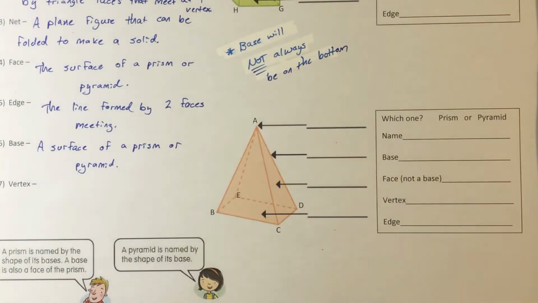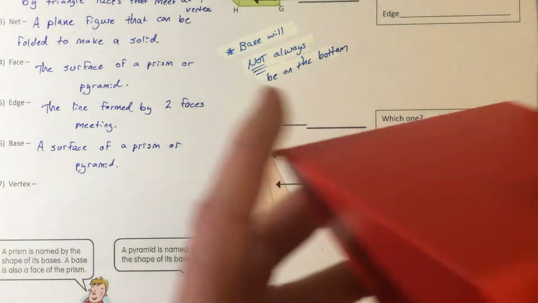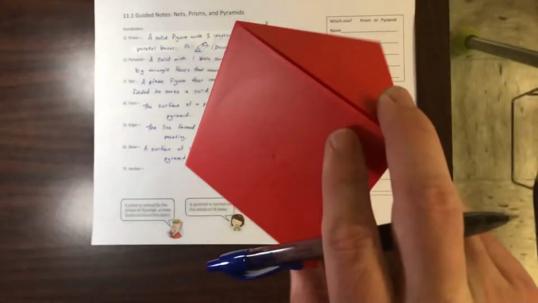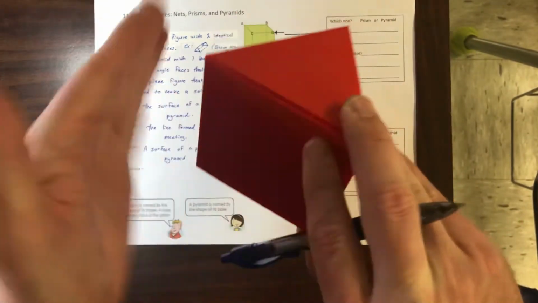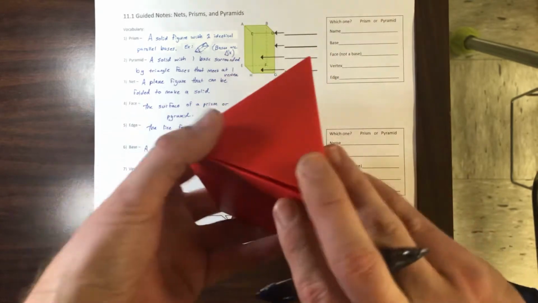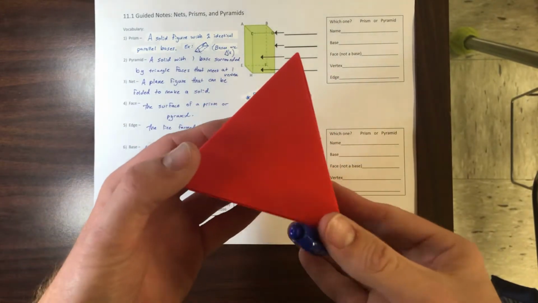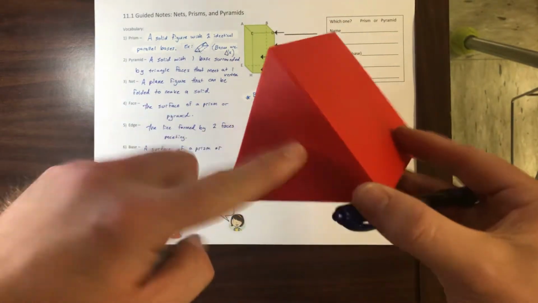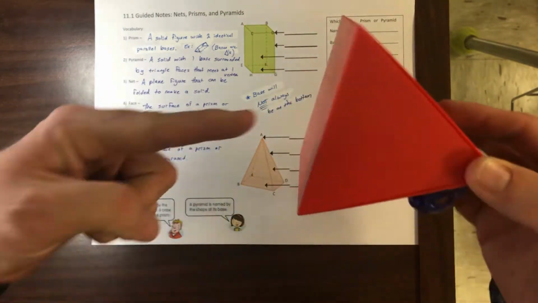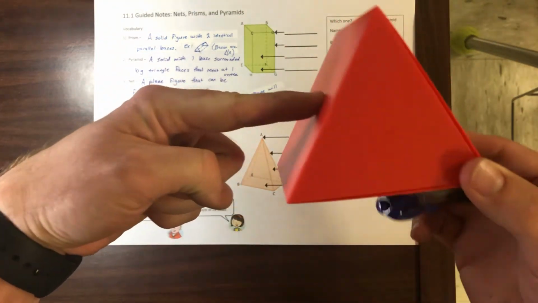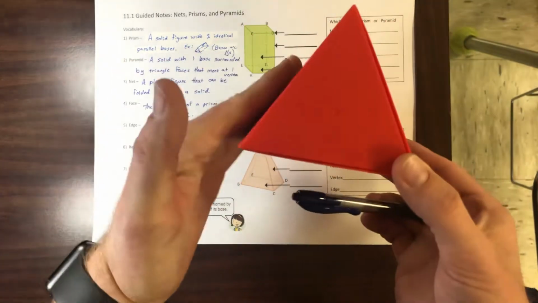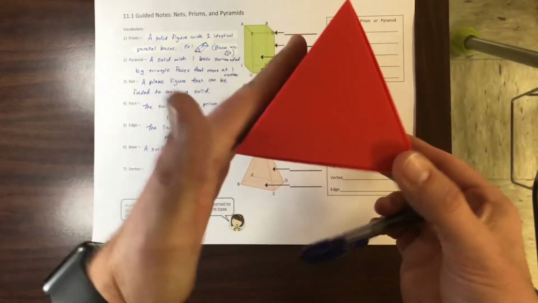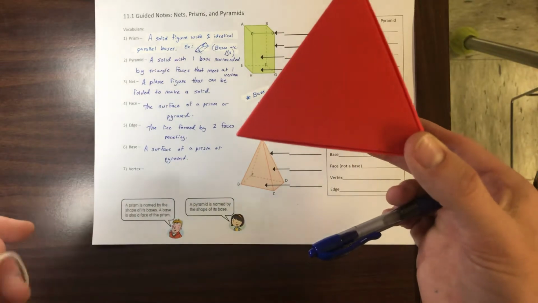If you're talking about a prism, an object that has two identical faces that are on opposite sides parallel to each other, the bases are just a fancy name for the faces that are opposite of each other. So this rectangle face doesn't have a parallel rectangle face to it, so this rectangle is not going to be considered a base.